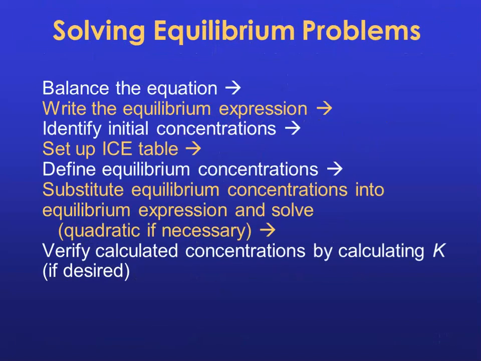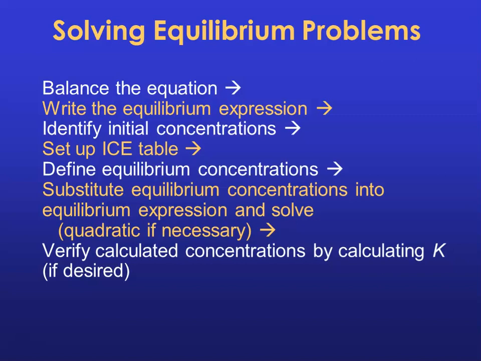So we've seen how to do equilibrium problems when you are just given the equilibrium concentrations, or when you're given an initial and an equilibrium concentration. You won't always necessarily be given equilibrium concentrations, but because of the stoichiometric ratios, we can solve for what x is and then determine what our equilibrium concentrations might be.